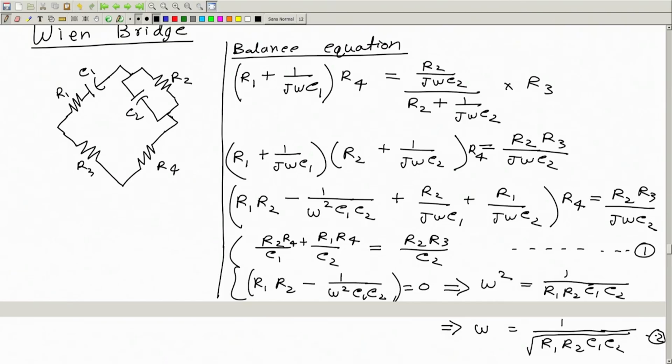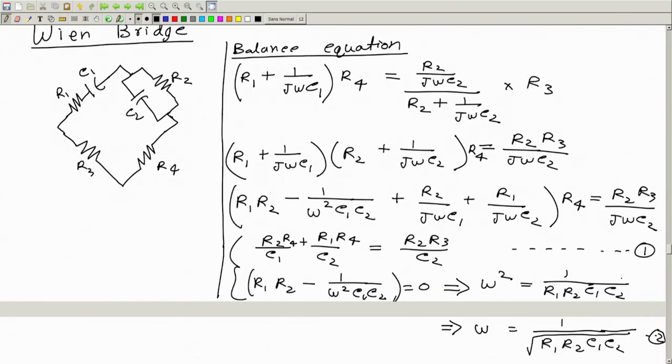That is possible, but the balance equation will depend on the frequency. Okay. So, if you see here, the balance equation depends on the frequency. So, we need to know what is the frequency of the supply voltage. Then we can only measure the unknown impedance branch. That is one possible way of using this bridge.